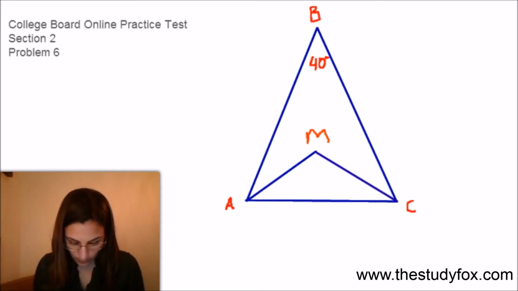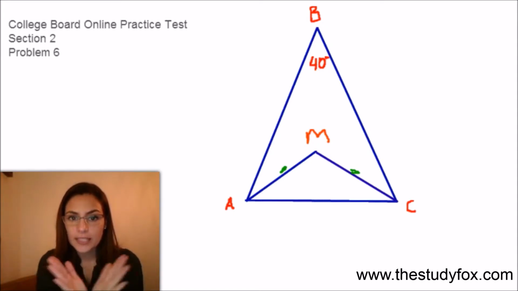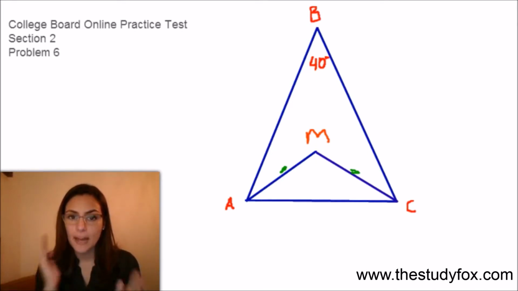The second thing is that the line segments AM and CM are angle bisectors. A bisector splits the angle right down the middle. If you have an angle and a bisector to that angle, it's just splitting it in half.